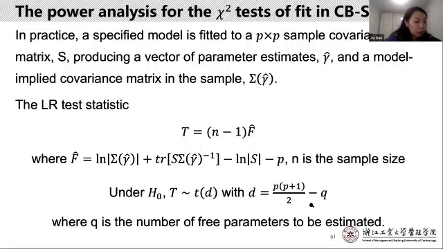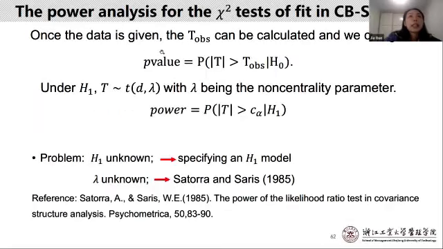Once the data is given, we can calculate the observed test statistic, and then we can calculate the associated p-value here. Under the alternative hypothesis, the test statistic follows a non-central chi-square distribution with a non-centrality parameter lambda. So under the null, we follow the central chi-square, and under the alternative, we follow the non-central chi-square with a non-centrality parameter. And these are the formulas for the power.